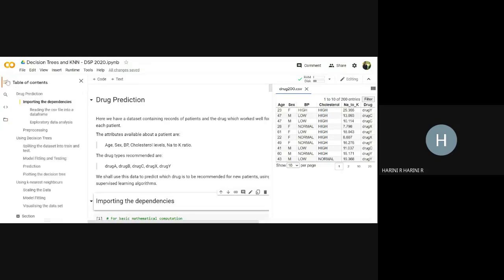And in the end, we'll also use another supervised learning algorithm called K nearest neighbors. It's a very simple algorithm, and I'll brief about it when we get there. We'll use that algorithm on the same data set and see how well it's performing.